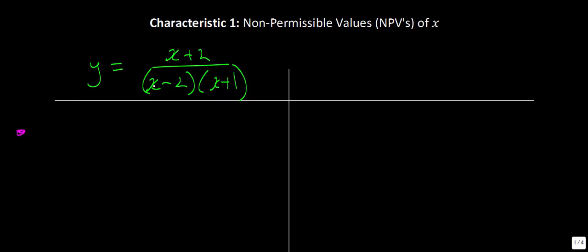So we can probably see right here, if we put in a 2, 2 minus 2 would give you 0, and then 0 times whatever this is gives you 0, which would give you a division by 0, which you can't have. Same with this one, x cannot equal negative 1. So the first thing that I can tell from this first rational function is that my NPVs are that x cannot equal 2 and x cannot equal negative 1.